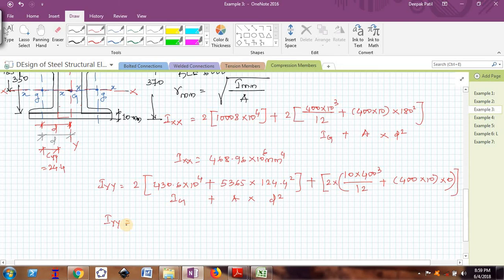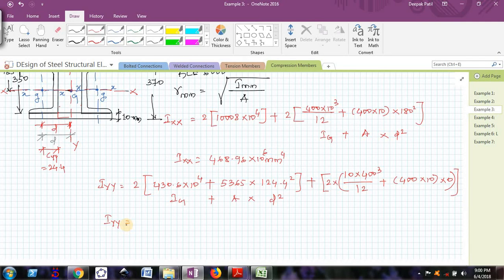So 10 into 400 cube by 12, this multiplied by 2, plus 2 times 430.6 e raised to 4 plus 5365 multiplied by 124.4 square. So I'm getting 281.32 into 10 raised to 6.